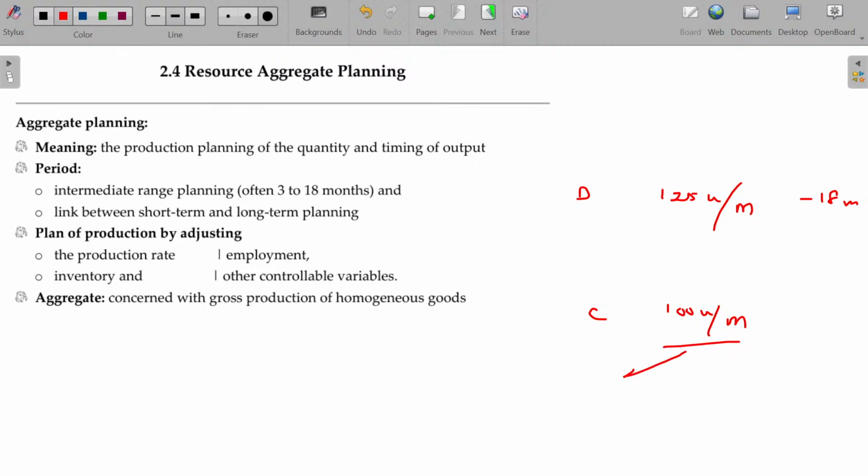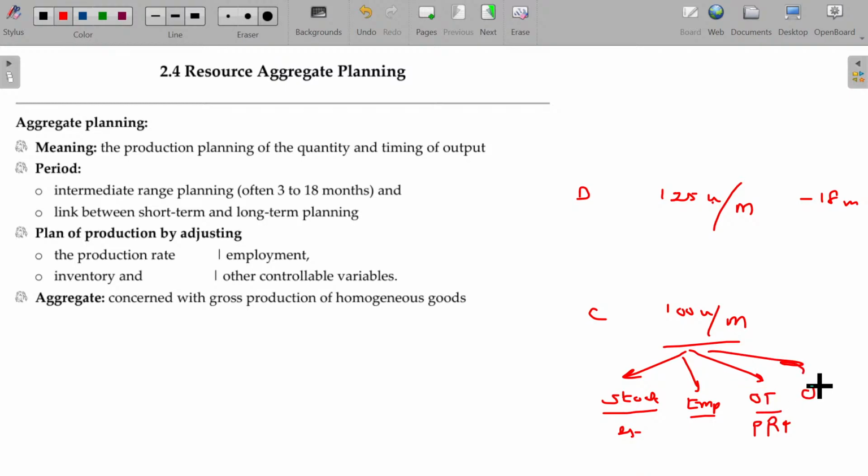I can create a stock for the shortages. Ahead of the incoming days' demand, I can keep 25 units as stock, or I can recruit new employees to produce more, or I can ask them to work overtime so that the production rate may be increased.